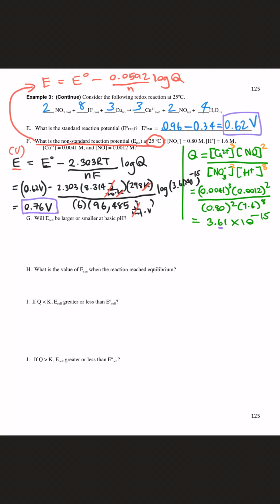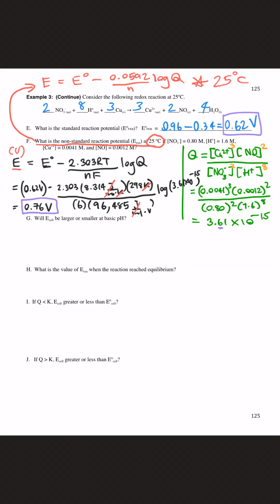The difference between this Nernst equation and the modified Nernst equation is that this one is used for any temperature, so even if you have 25, you can use it too. But the modified one can only be used at 25 degrees Celsius. So what I would like you to do is just focus on this one, because it can be used for any temperature. This is what you are going to use the most.